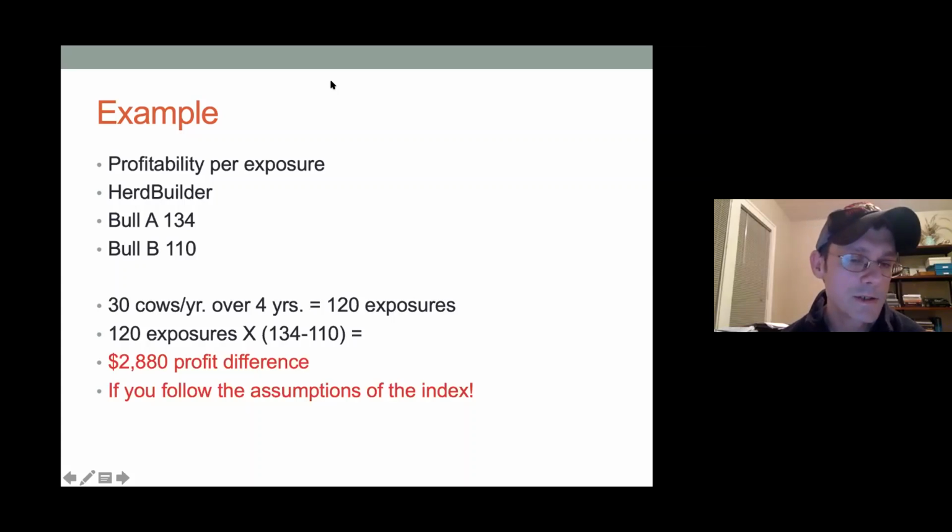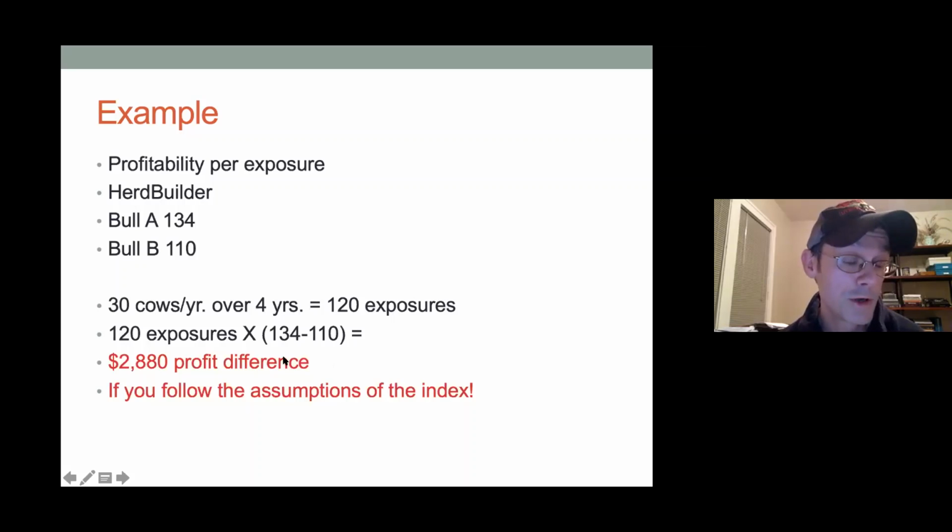That's taken into account here in the index. In this particular example, this index, and I didn't explain it, makes the assumption that heifers are being retained. So traits like heifer pregnancy and reproductive longevity are built into that index. As a consequence, this profit difference I showed you takes that into account.